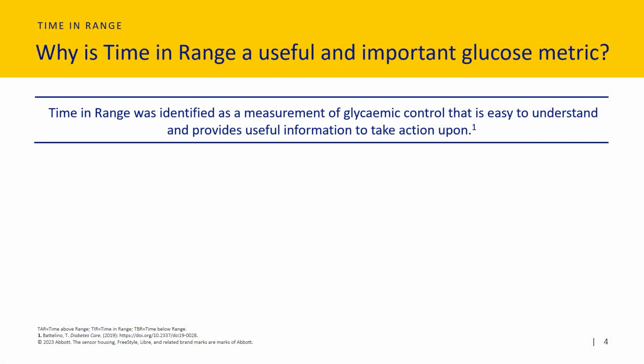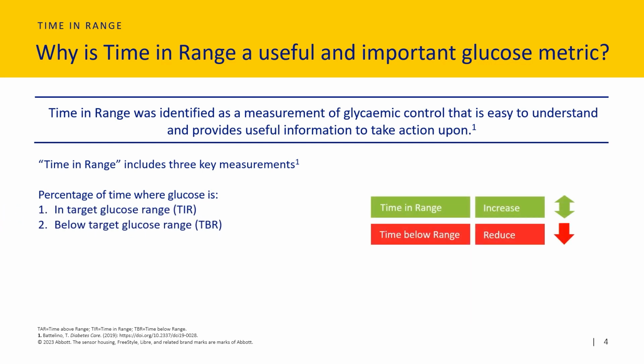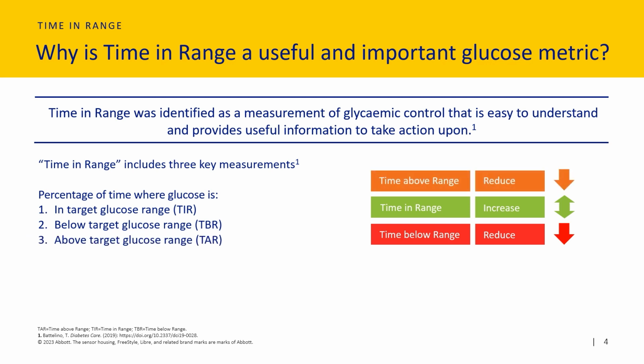Time in range was identified as a measurement of glucose control that's easy to understand and provides useful information to act upon. It includes three key measurements: the percentage of time that an individual spends within their target glucose range, the percentage of time spent below target range, and the percentage of time spent above target range.